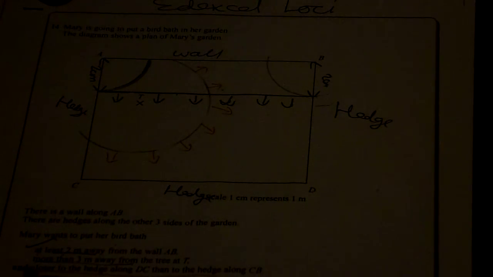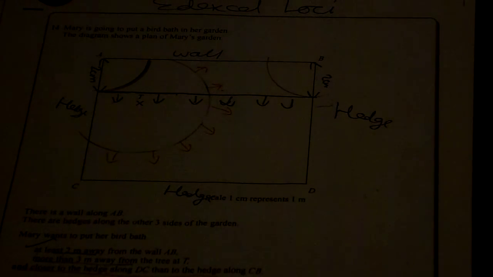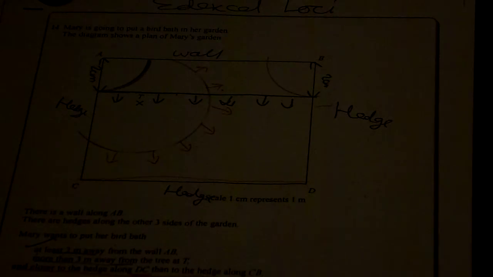The last condition says, and closer to the hedge along DC, which is this one here, than to the hedge at CB. So DC is this hedge, and then we have another hedge, close to the hedge along CB.